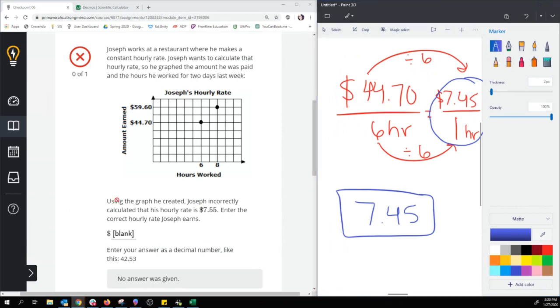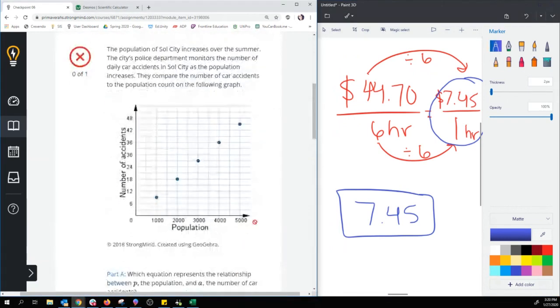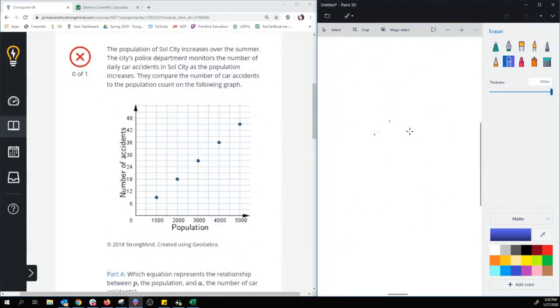That's number 4. Okay, so here we have a graph and it's talking about the population, which is the amount of people that live in this, and then it talks about the number of car accidents based off of the number of people that are in the city.